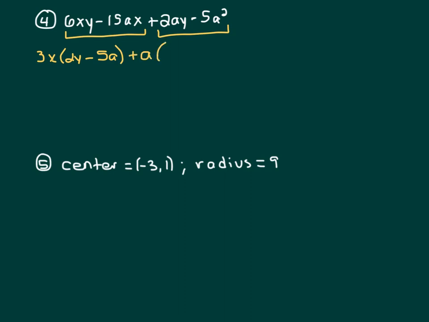And in parentheses, that also leaves you with, excuse me, a 2y minus 5a. Okay, awesome. Well, since our parentheses matched up, 2y minus 5a and 2y minus 5a, one of our factors is going to be 2y minus 5a. And the other factor is going to be what we have on the outside of the parentheses here, the 3x plus a.